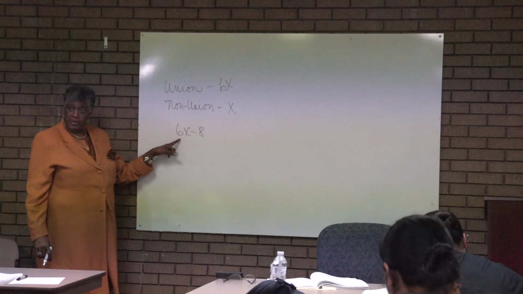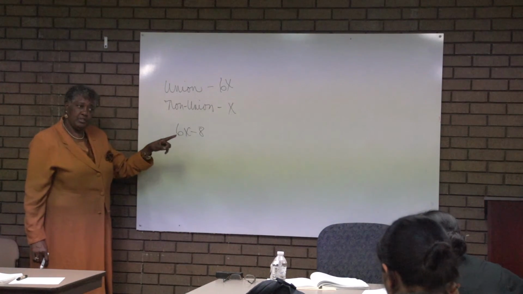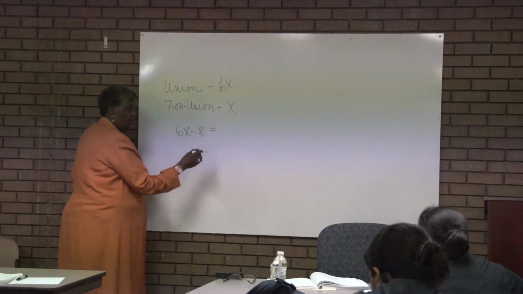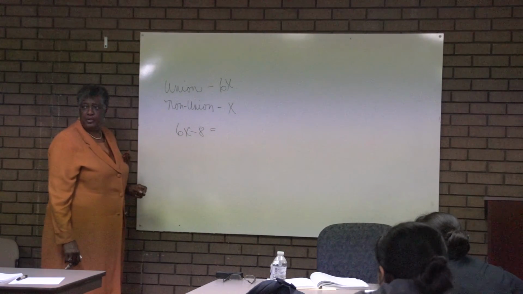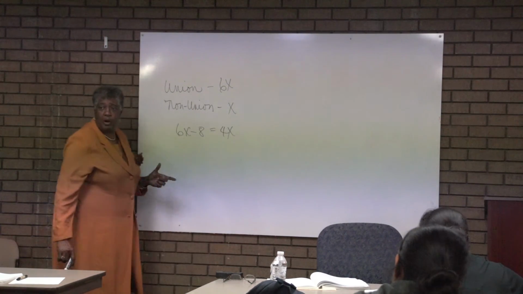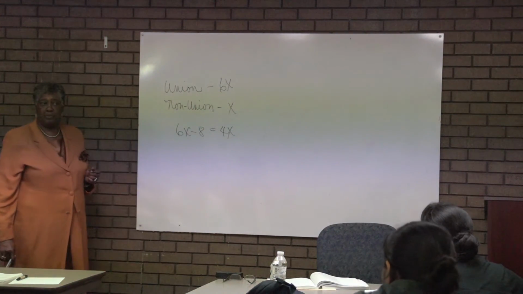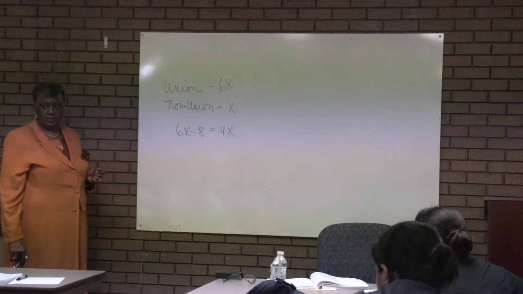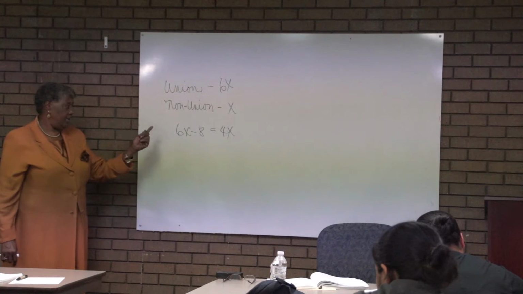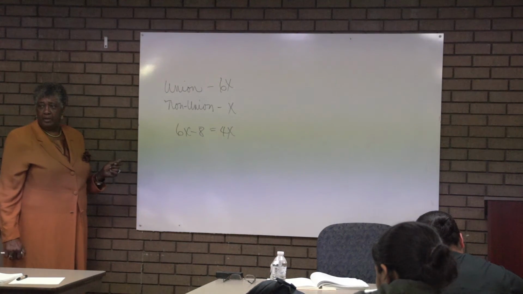That's 8 fewer than the union workers. It's equal to 4 times the number of non-union workers. How do you write 4 times non-union workers? 4x. See, we took words and changed them into numbers and symbols. Just exactly what it said is exactly how we wrote it.